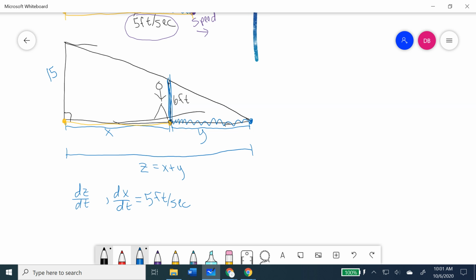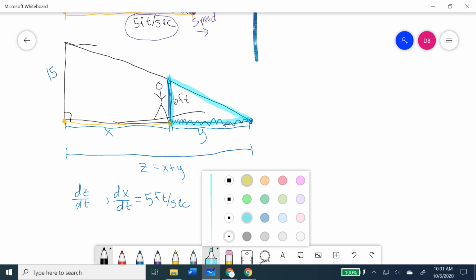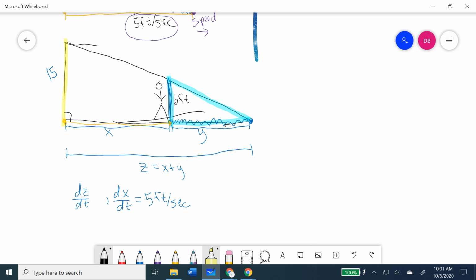We want to find dz dt, and we are given dx dt. So we've got to figure out now what formula to use. And we have to use the fact that we have a pair of triangles that are similar. So I've got this right triangle and this right triangle.